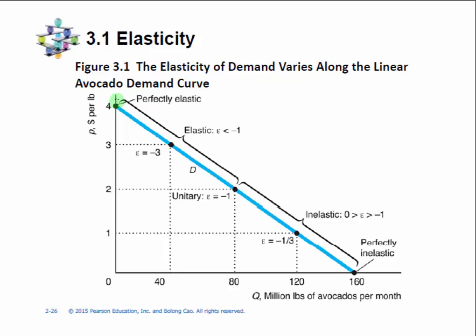So at the top, we have something called perfectly elastic. In the middle of a straight line demand curve, we have something called unitary elastic, but that's just a concept. The threshold is -1.